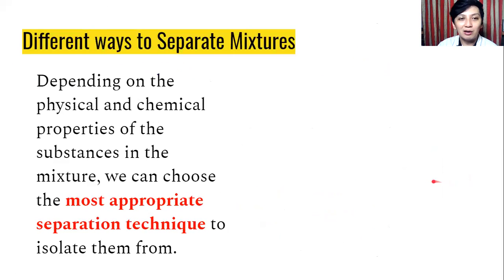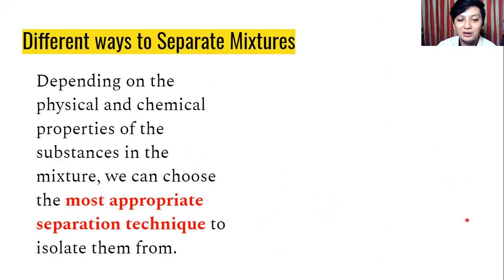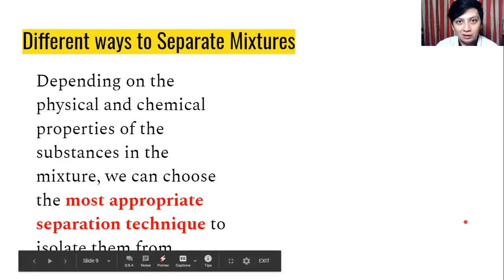And there are actually a lot of different ways for us to separate them. Depending on the physical and chemical properties of the substances in the mixture, we can choose the most appropriate separation technique to isolate them in their forms as elements or compounds.